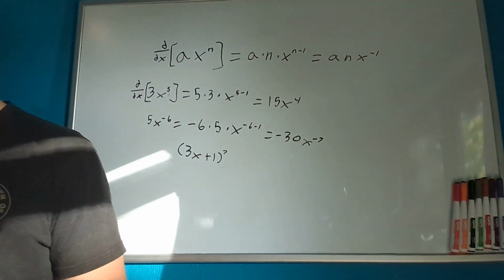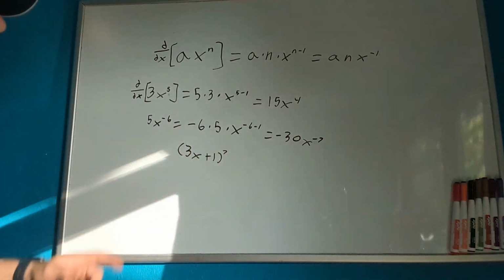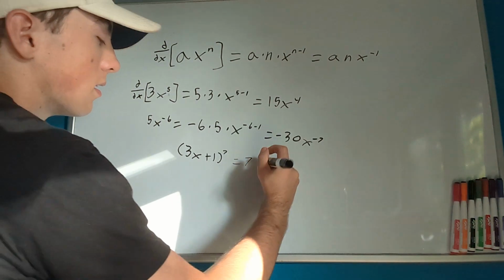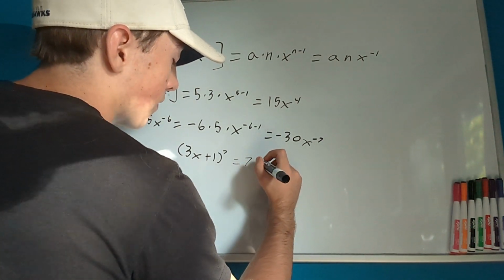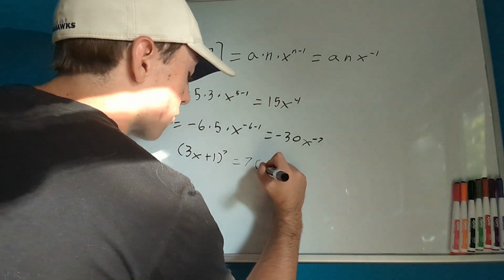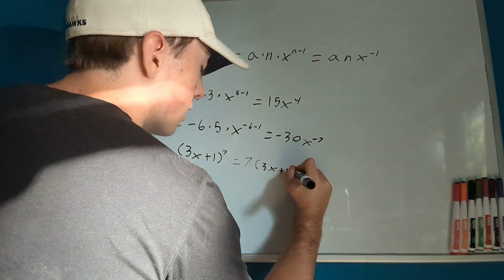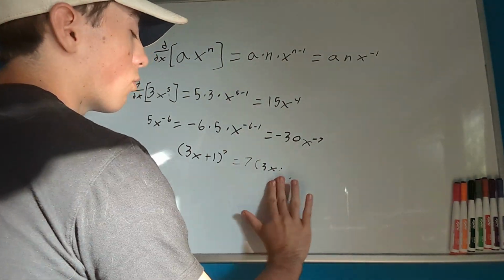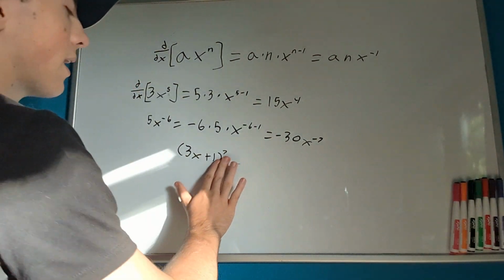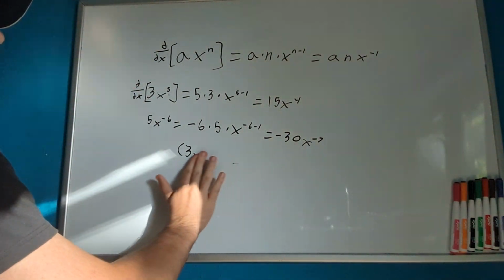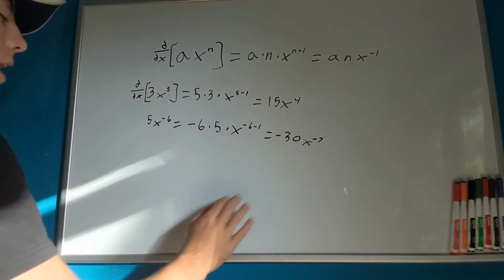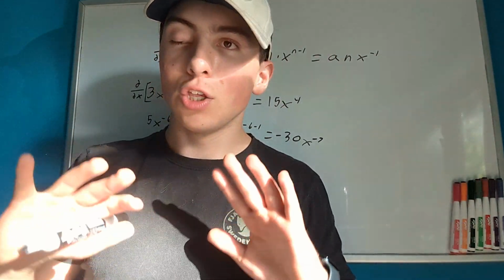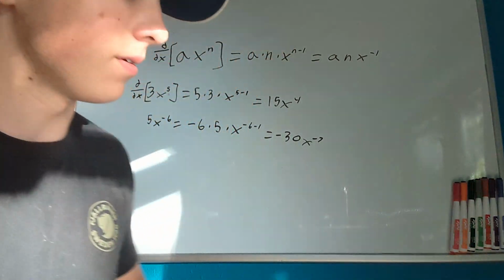You might be tempted to take down the 7 and say that the derivative of this is 7 times 3x plus 1 to the 6th, but you'd be incorrect. For something like this, you're going to have to use the chain rule. We'll get to what the chain rule is in future videos, but if you see something like that, you can't use the power rule for that one.